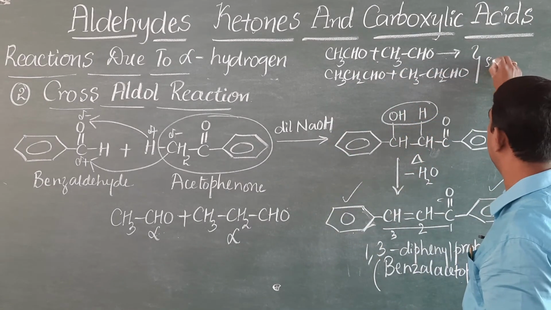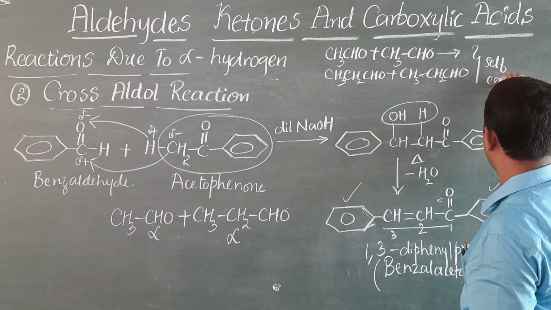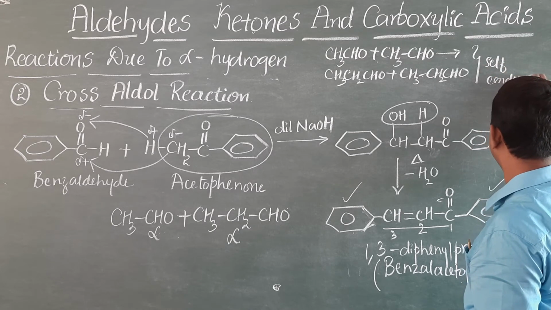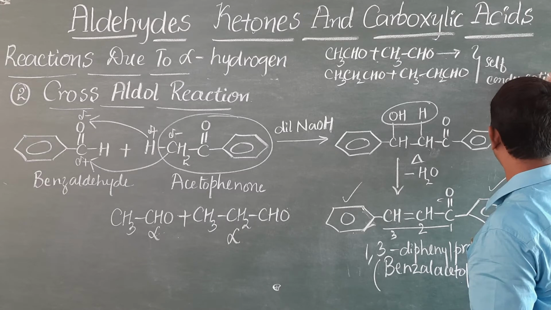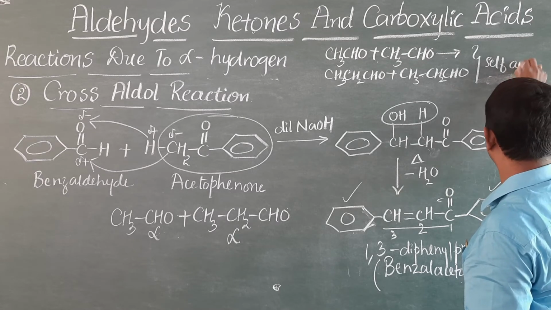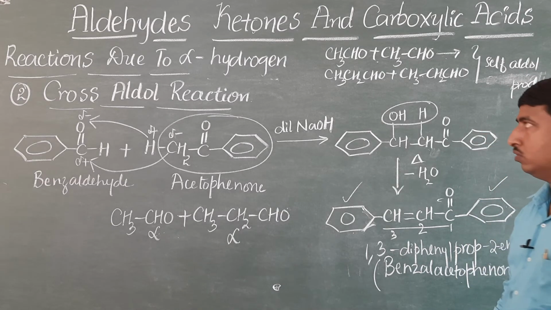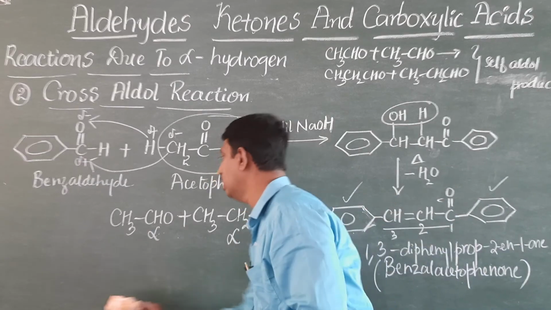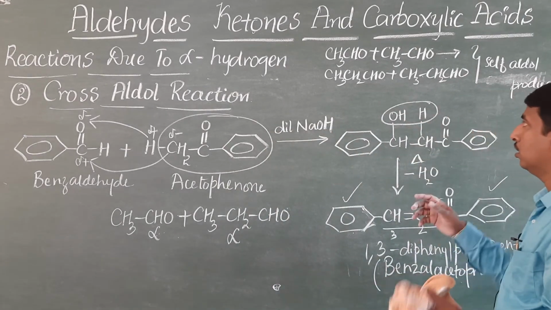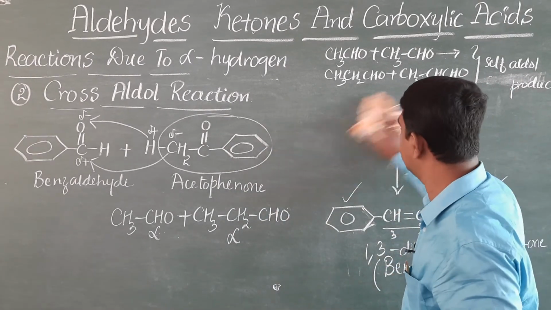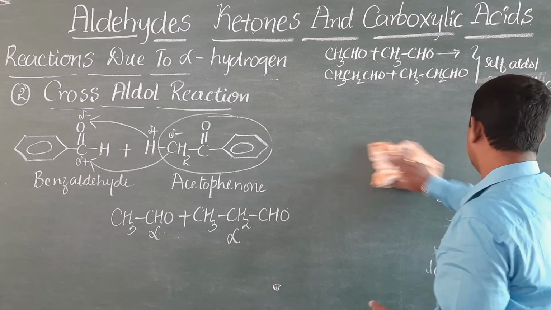These products are called self-condensation products, or self-aldol products. What about the other two? The first two I wrote: ethanal plus ethanal, and propanal plus propanal. What about the third one and fourth one?